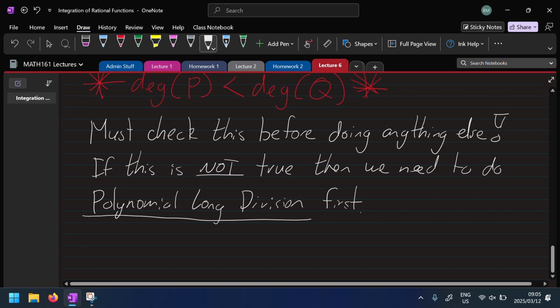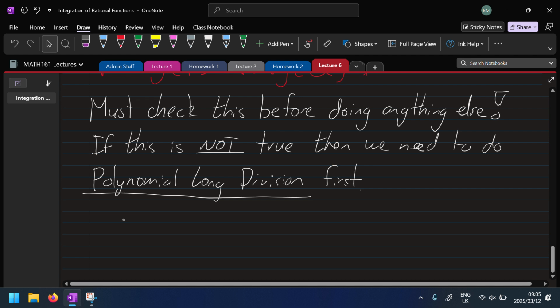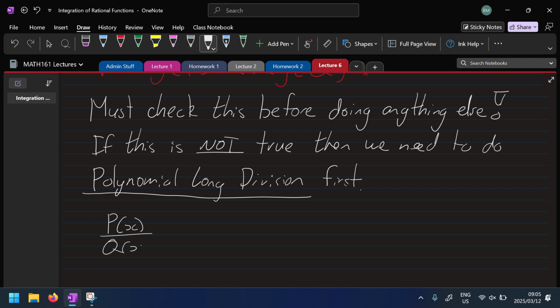Okay, so what is polynomial long division? What we want to do is take some polynomial P of x over Q of x. Think of this just like a fraction, like 5 over 3. What we want to do is write this as some whole number part, let's call that f of x, plus some remainder.